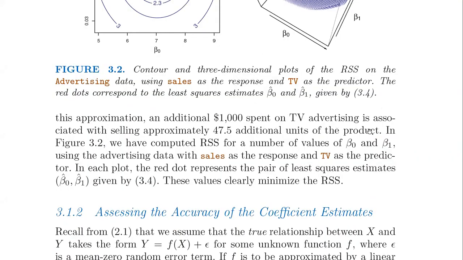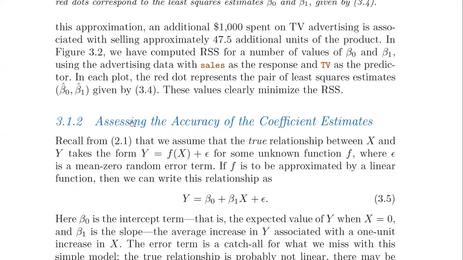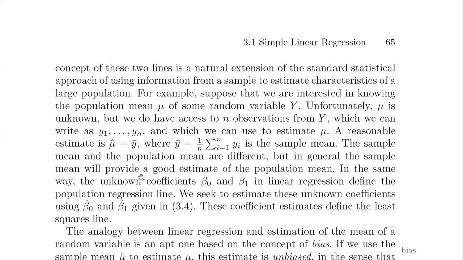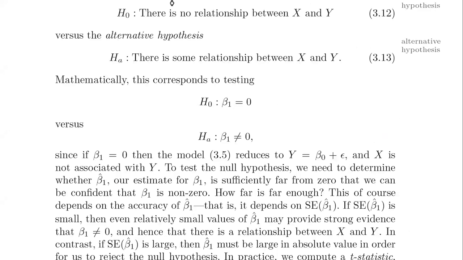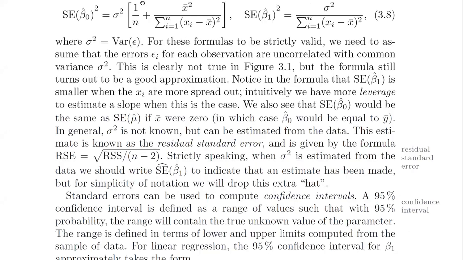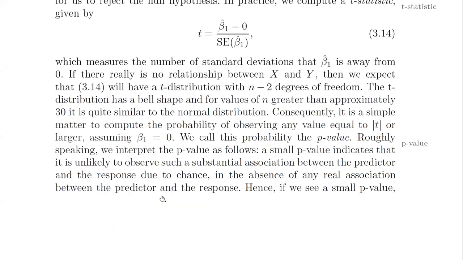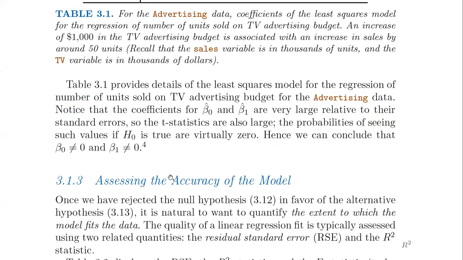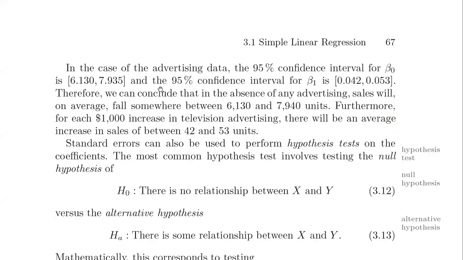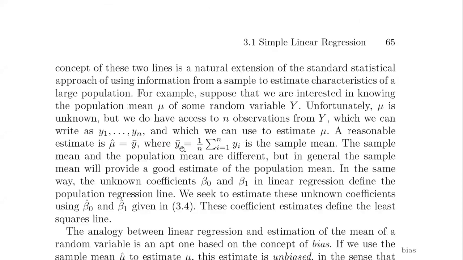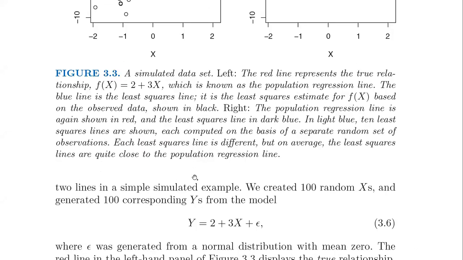Assessing the accuracy of the coefficient estimates. That's 3.12. And the next one is assessing the accuracy of the model. And this is probably quite an important section, which is why we're repeating a lot of it today.